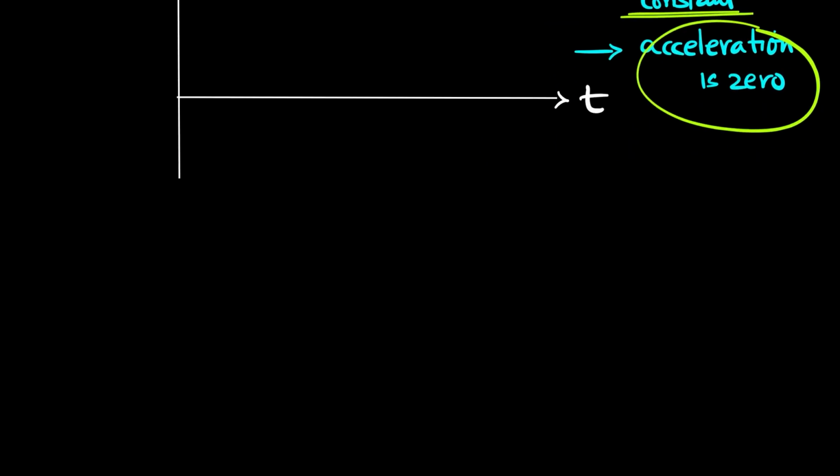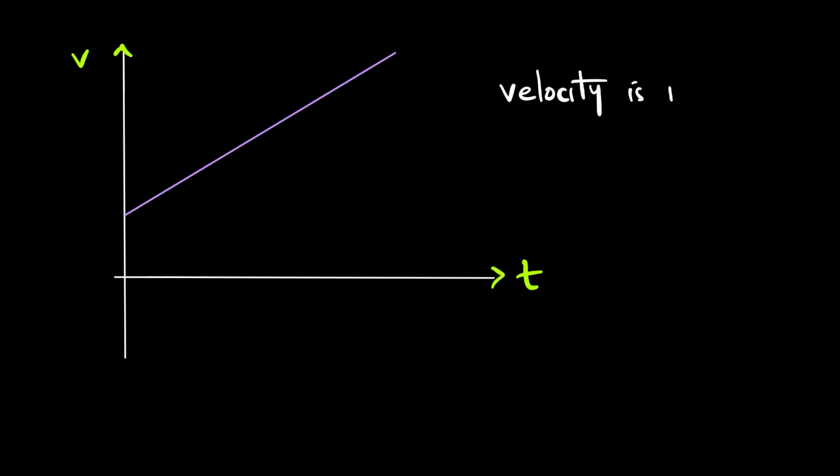Now let's draw a third line segment on the velocity time graph. This time the line has a positive gradient and it's going up like this. What is the meaning of this line? It means that velocity is increasing with respect to time.